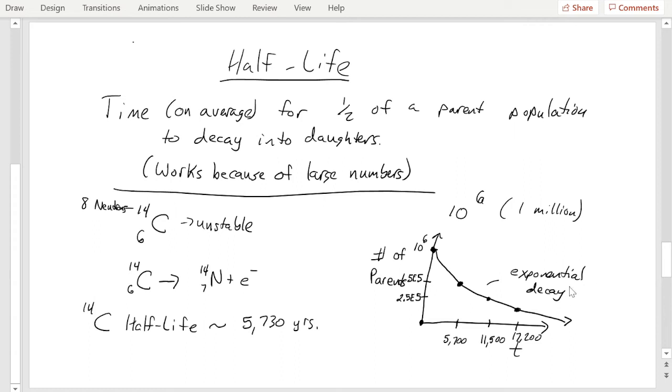Theoretically, the math used to describe this function never actually gets to zero. But of course, in real problems, it's possible for all of the parents to decay.